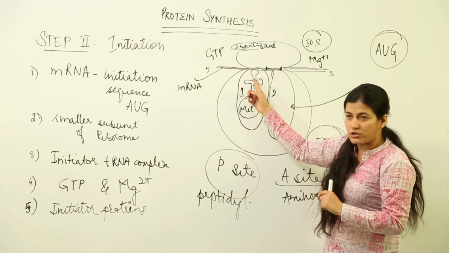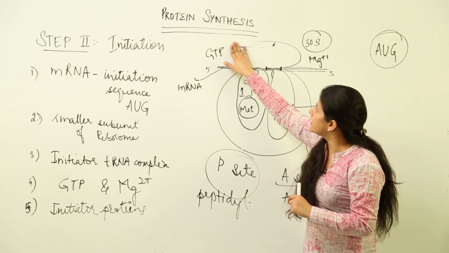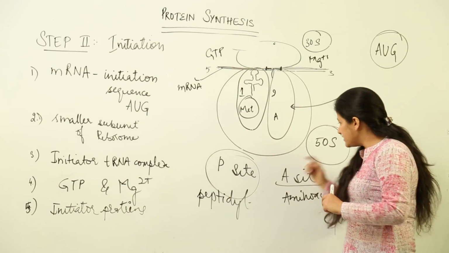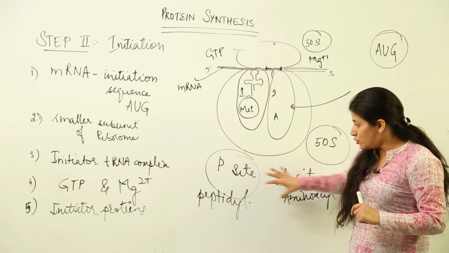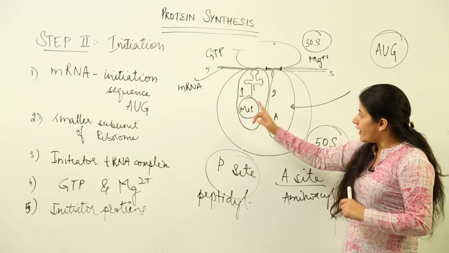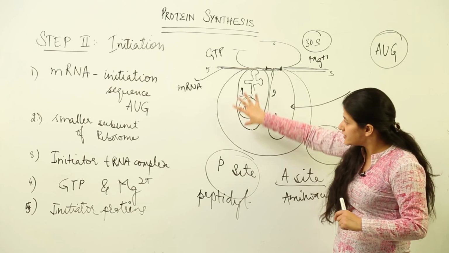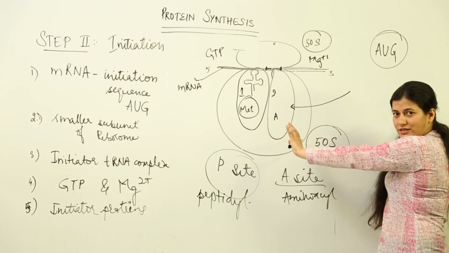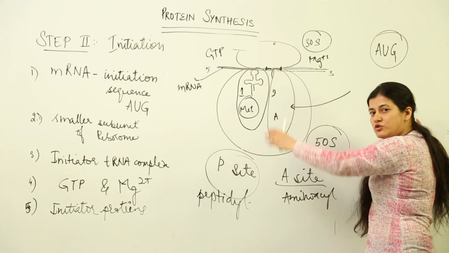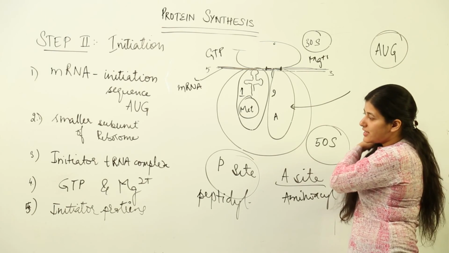As soon as methionine joins, this initiator unit gets separated, and what comes and joins is the 50S subunit. The 50S subunit has 2 sites, P site and A site, while the initiator tRNA sits in the P site. The A site is empty and ready to receive the next tRNA, which would lead to the next step, that is elongation.